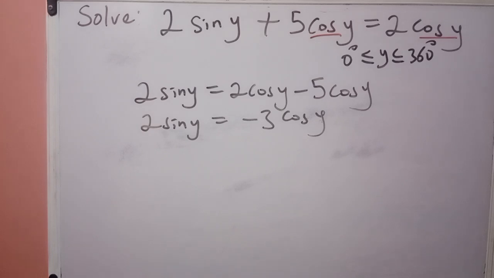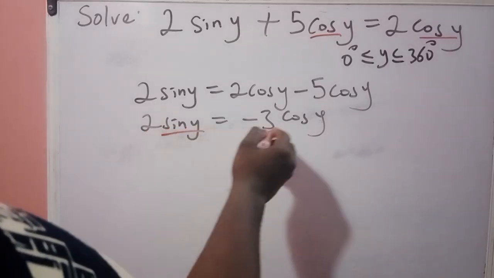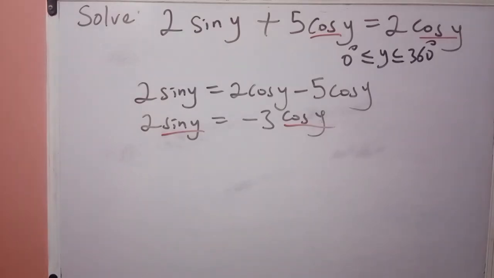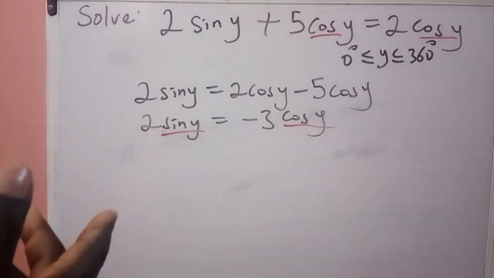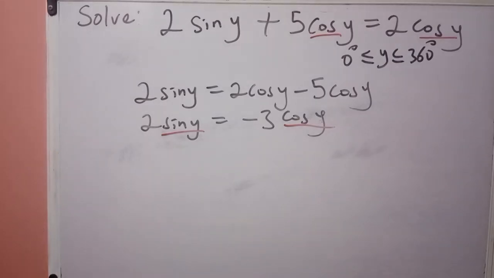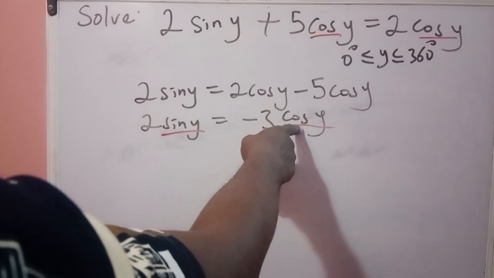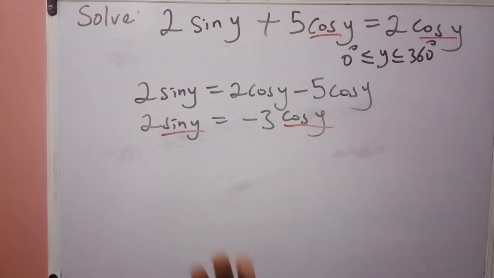I told you at this point you are supposed to find a way to make only one trigonometric function in this equation, and we're having a sine here and a cos here. So this is not possible to solve without making the right moves. Is there a way we can bring sine and cos together? Yes, there's actually a way.